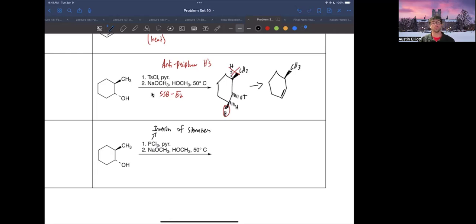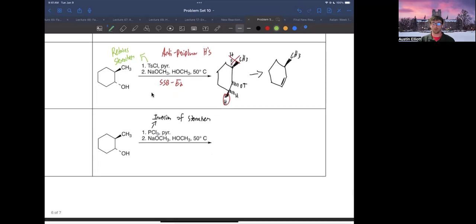Pretty much all the other ones do cause inversion of stereochem except TsCl. So just remembering that this retains stereochem up here, at least for that first reaction. So with PCl3 and pyridine, we have our intermediate right here again.